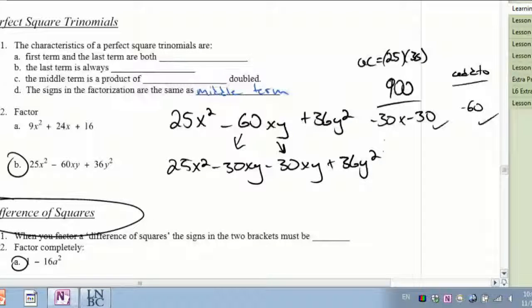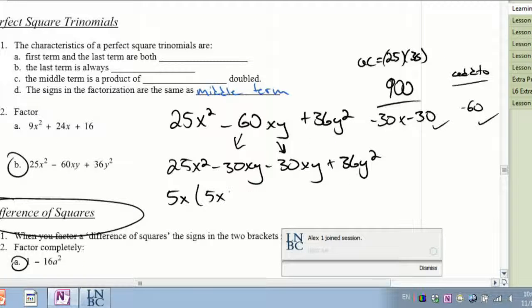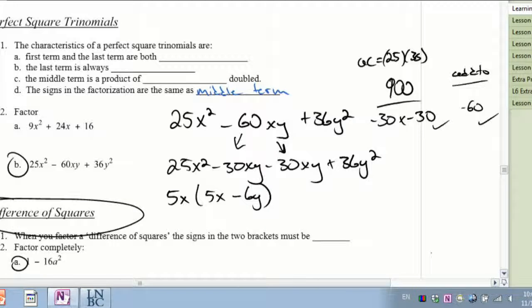Break it into two parts, factor out anything common. So I get 5x, which leaves me 5x minus 6y. And here I can pull out a minus 6, which gives me 5x minus 6y.